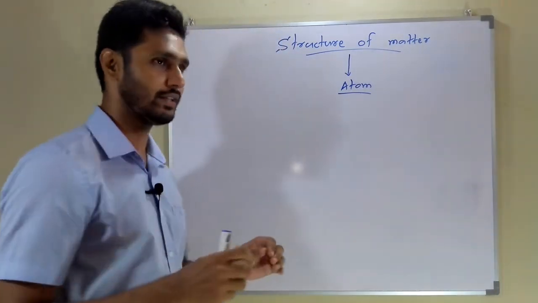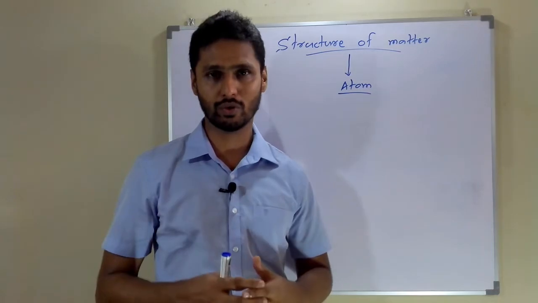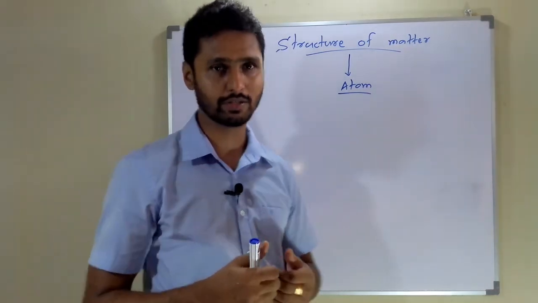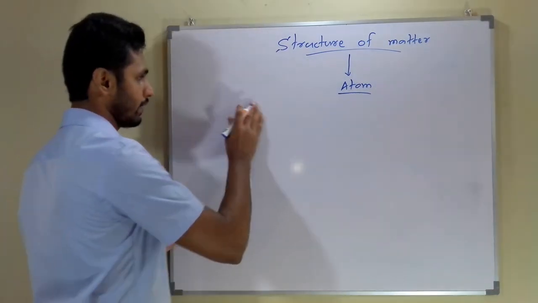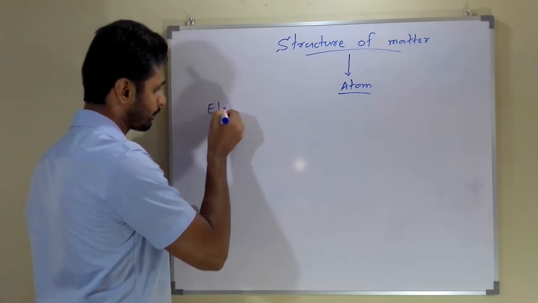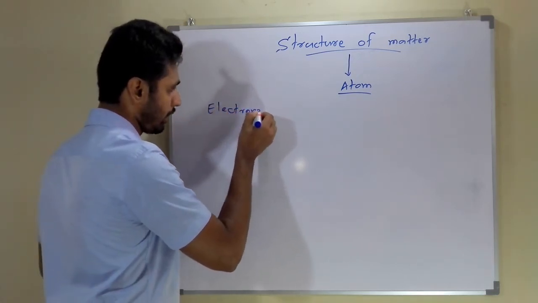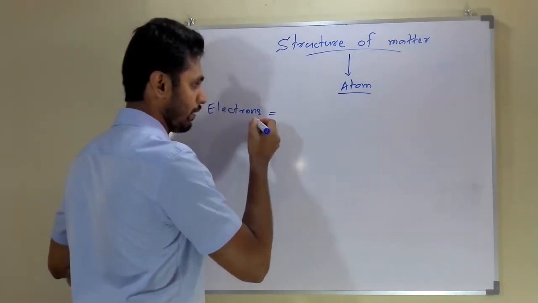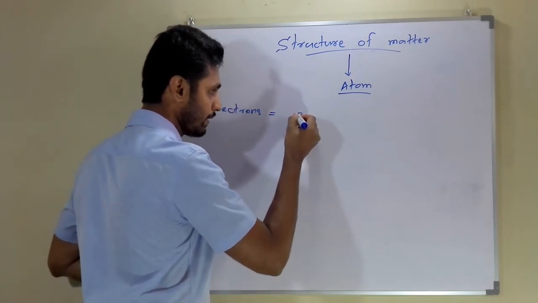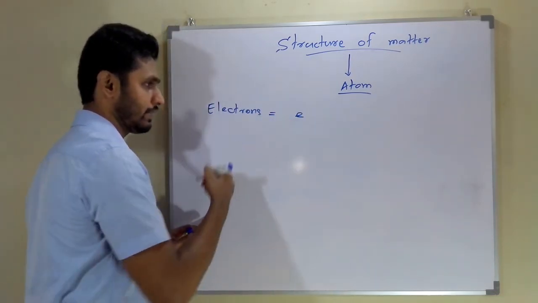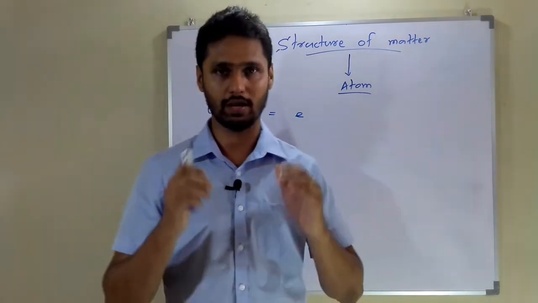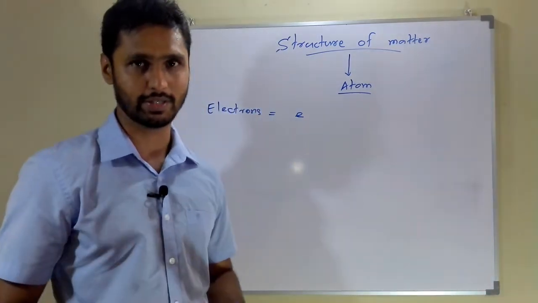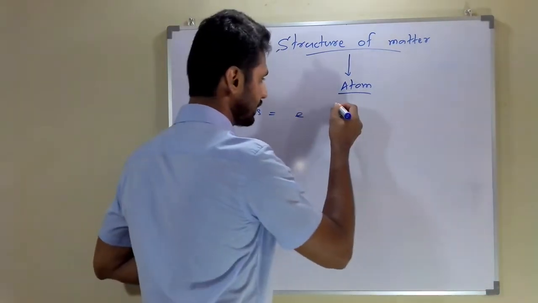Let's see the things we need to know about these subatomic particles also. Normally electrons are symbolized by using simple E letter. These electrons are negatively charged particles. Then I'm going to write the charge.